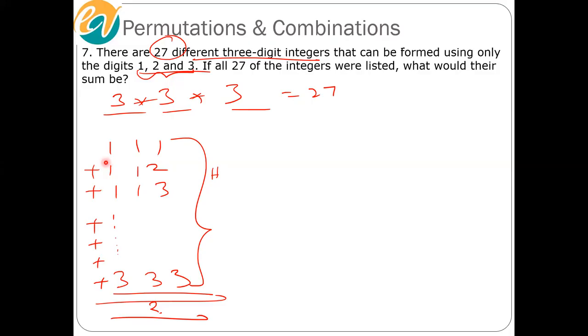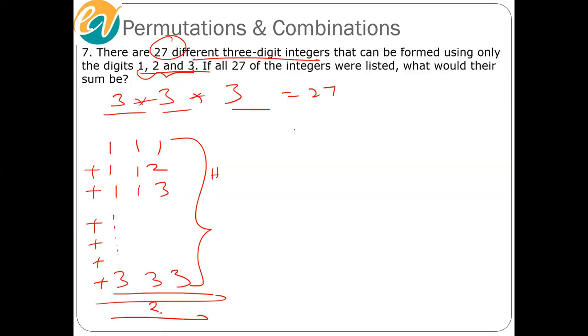9. Similarly, 1 will be in the tens position in how many integers? 9. Similarly, 1 will be in the units position in how many integers? 9. Correct? So by virtue of the digit 1, how much is it contributing to the entire sum?